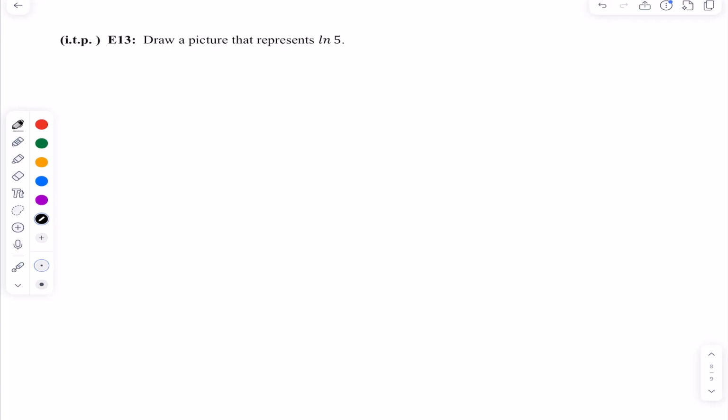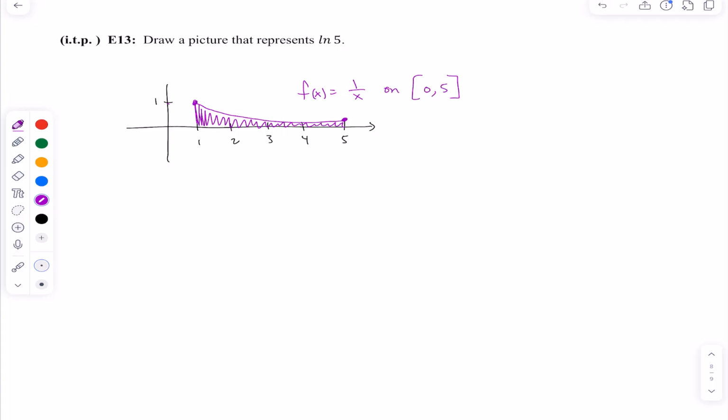After giving this some thought, and you still haven't figured out the picture of the natural log of 5, go ahead and play the video. The accumulation here represents the natural log of 5.